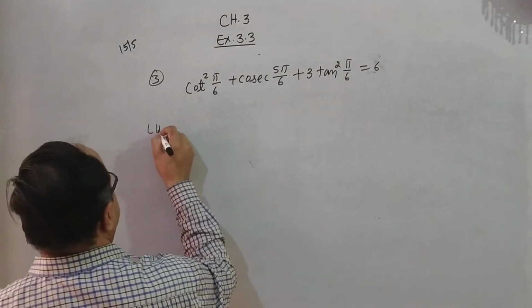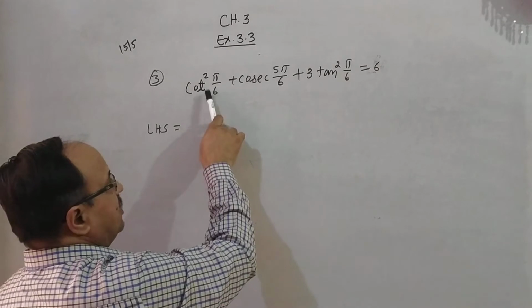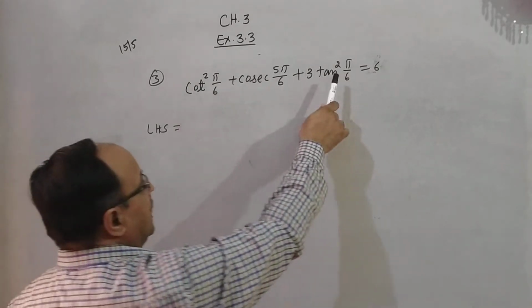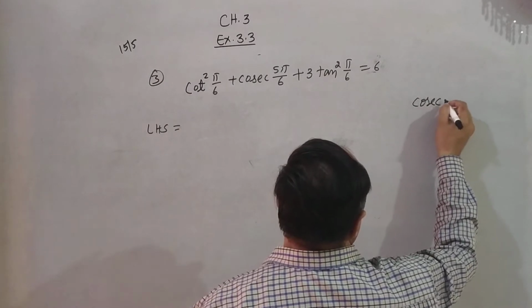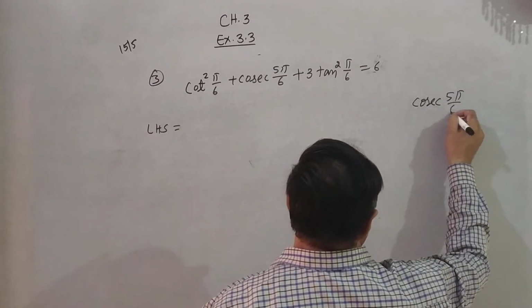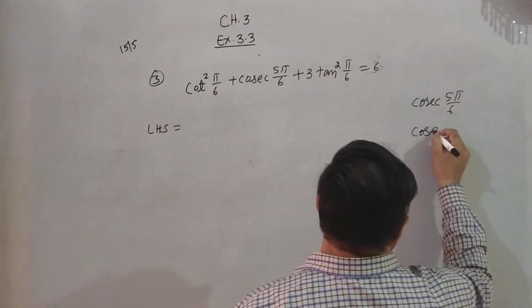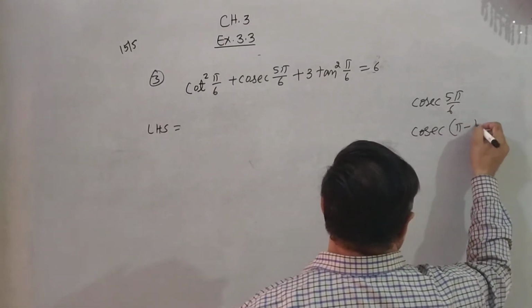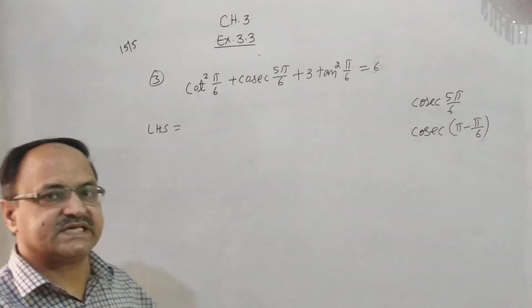Then left hand side, cot 30, value of cot 30, and tan 30. Firstly solve this part. Cosec 5 pi by 6, you can break it as cosec of pi minus pi by 6.